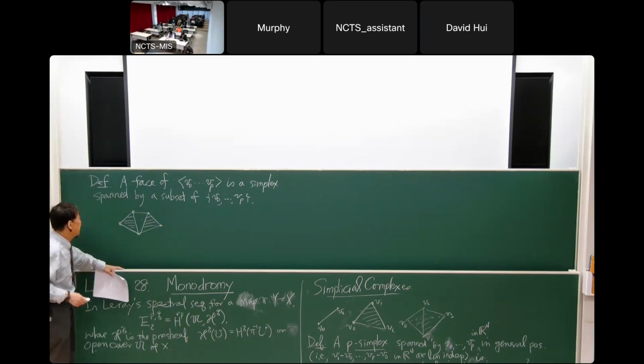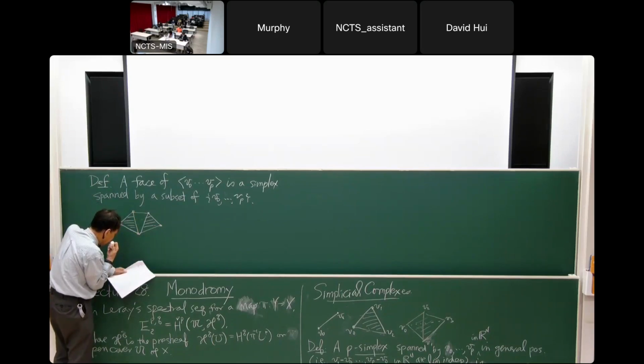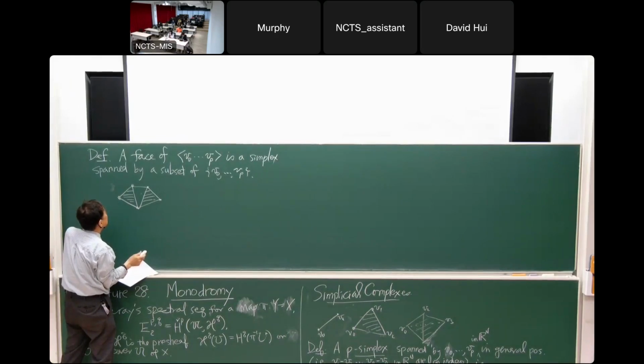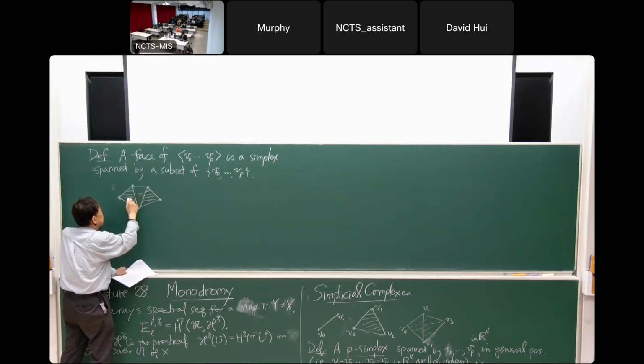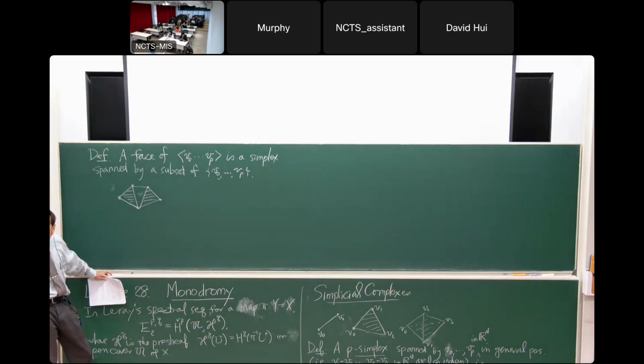And if it contains a simplex, it has to contain all the faces. Because how do I distinguish these two simplices? This one has this face, this one doesn't have this face. So in the description of a simplicial complex, you have to write down all the faces too.